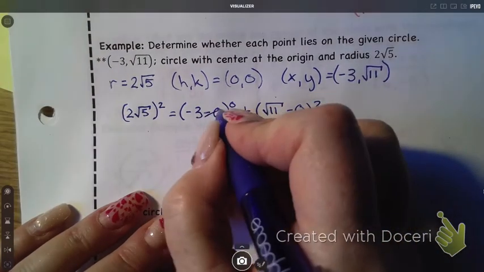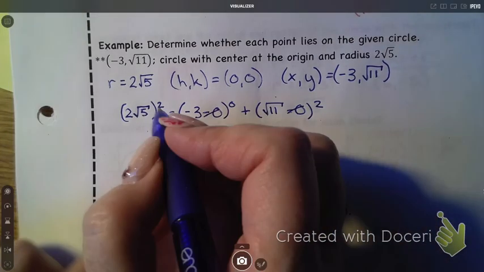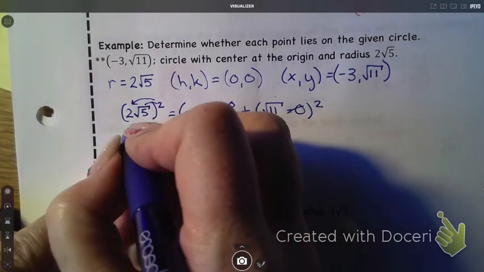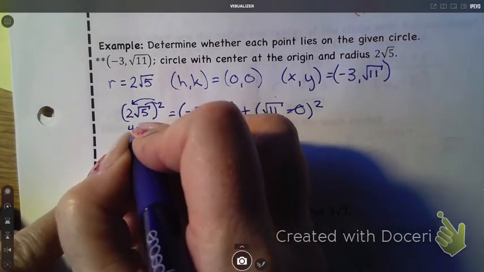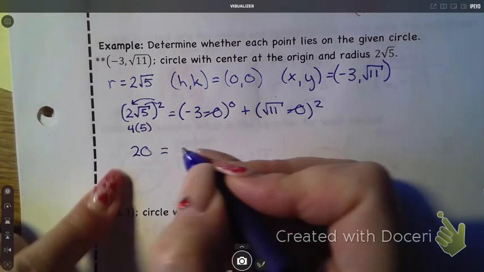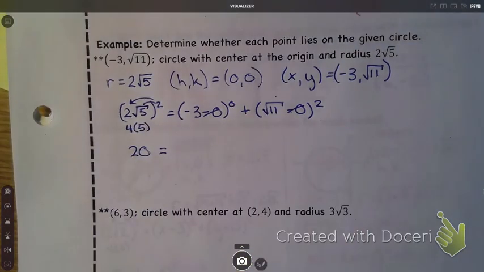Okay, so the zeros don't do anything, right? So square both. So 2 squared is 4. Square root of 5 squared is? 5. So I get 20. So the right better equal 20 if this is on the circle, right?